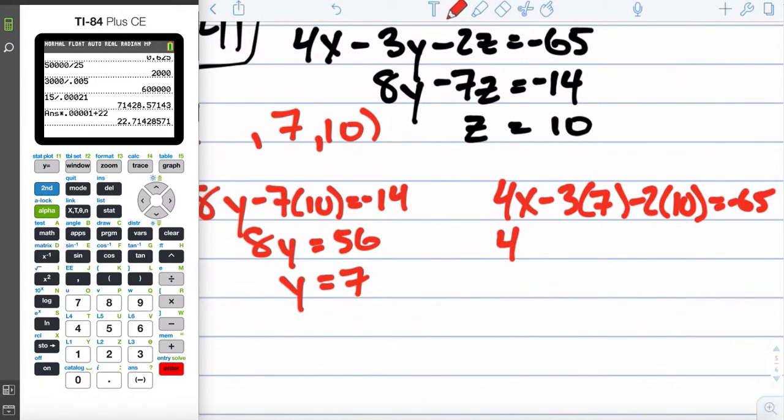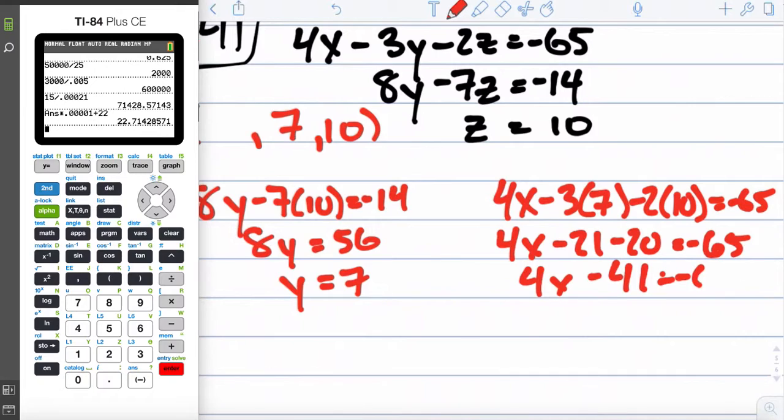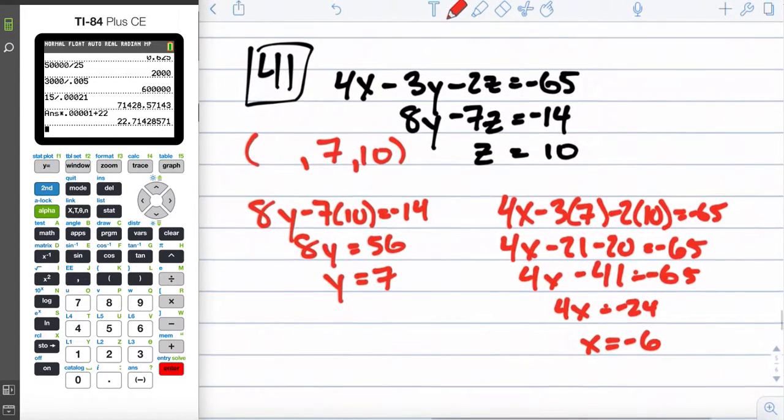Okay, so 4x minus 21 minus 20 is equal to -65. 4x minus 41 is equal to -65. 4x is equal to -24, so x is equal to -6. And there's my solutions for 41.